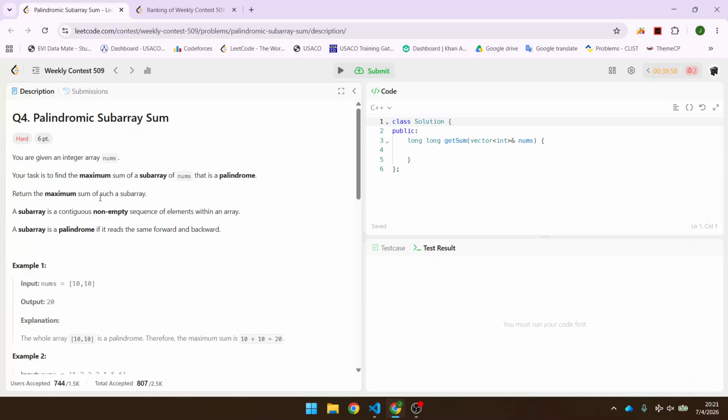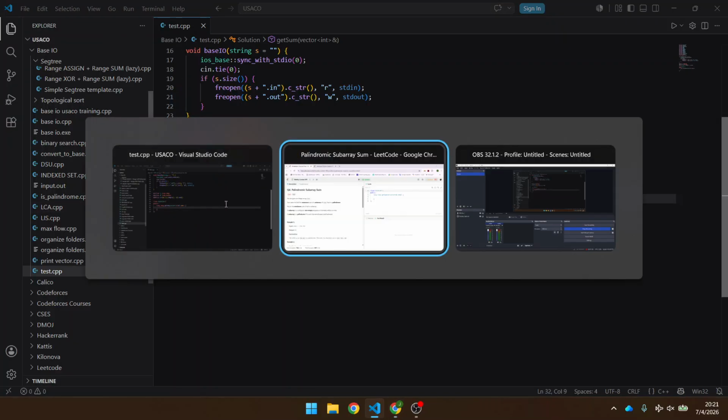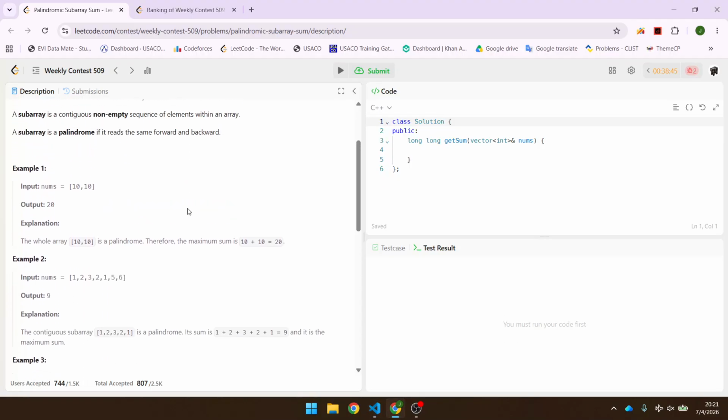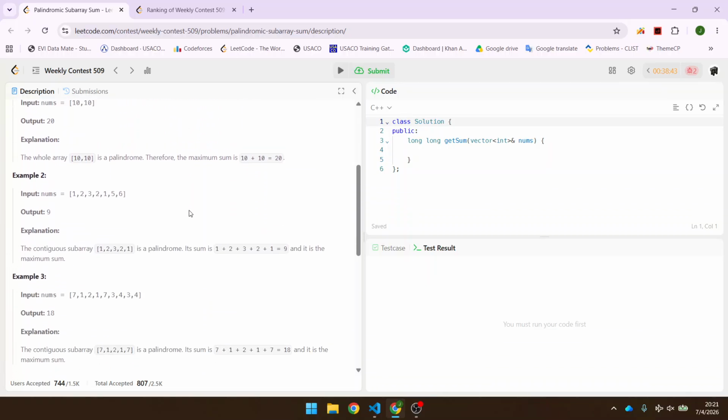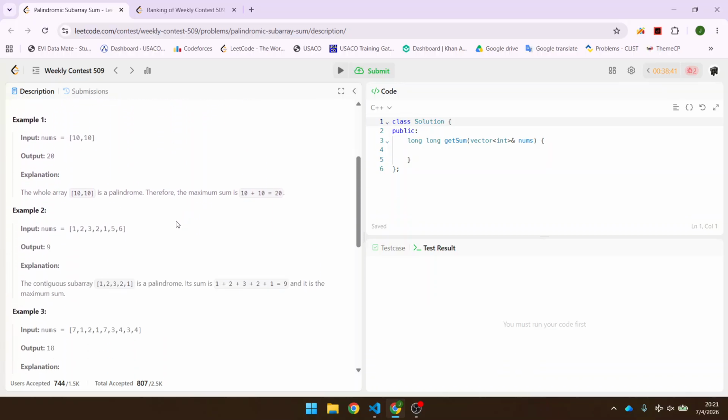But also a subarray. Read those forward and backwards.